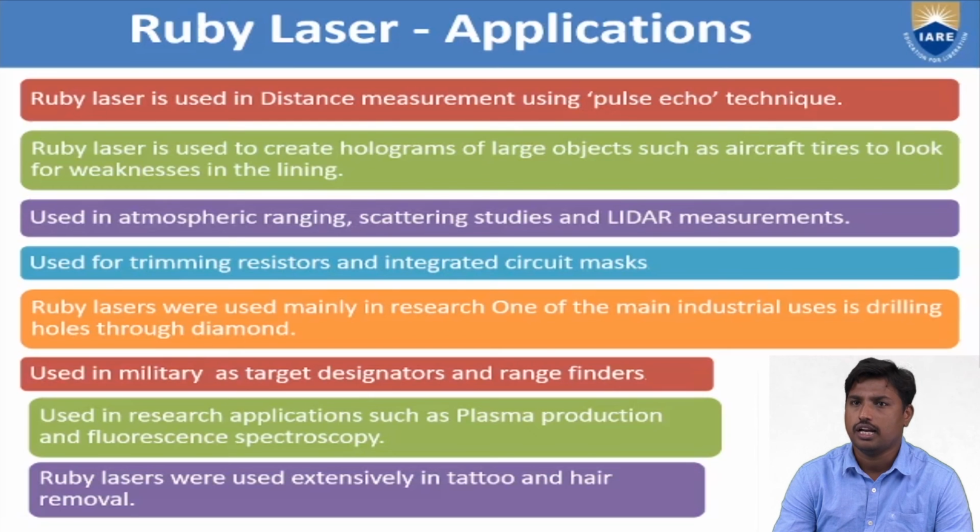It is used in the military as target designators and range finders, to find the range, one of the military applications. It is used in research applications such as plasma production and forensic spectroscopy. And one more thing, to remove tattoos from the body and to remove unwanted hair, we use laser treatment, and in that treatment we use the ruby laser.